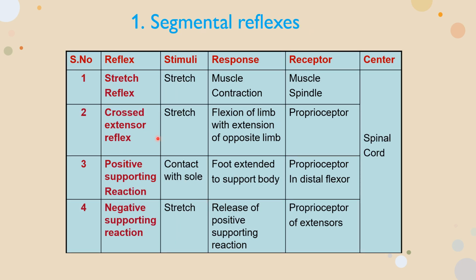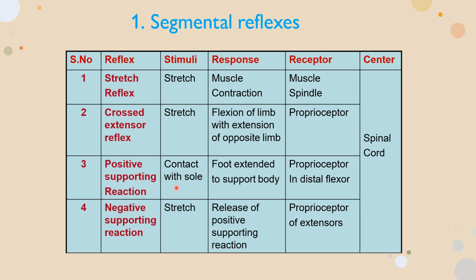In segmental reflexes we have stretch reflex, crossed extensor, and positive supporting and negative supporting reaction. The first two we have already seen in the spinal reflexes class. Now the stimuli, response, receptor and the center.